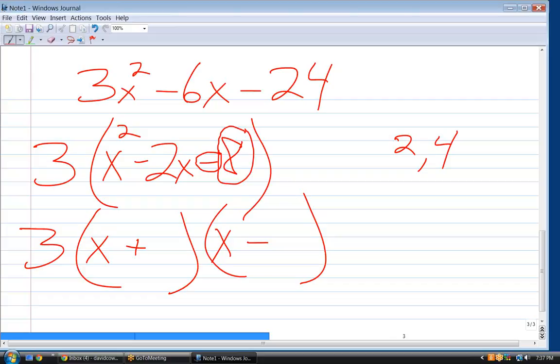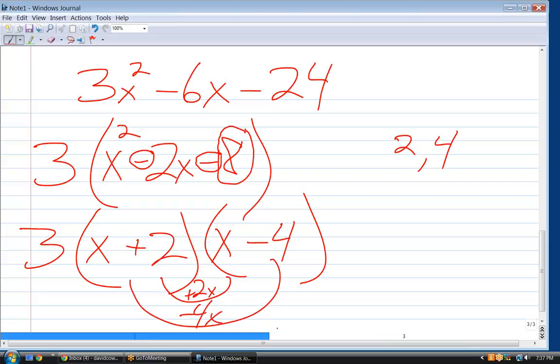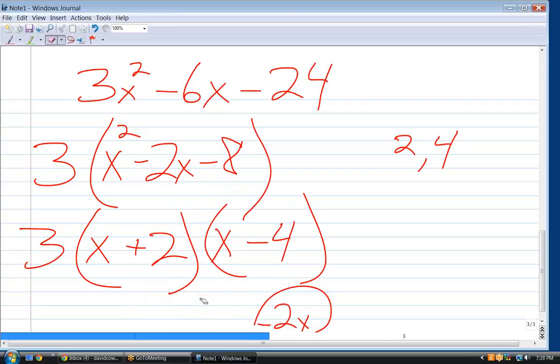The 4 is going to go with the negative. Yeah, because the sign on the middle term is negative. So we put the larger factor with the negative. And now notice that when we do our check, we get plus 2x minus 4x gives us minus 2x as a middle term. And that's the only term you ever really need to check.